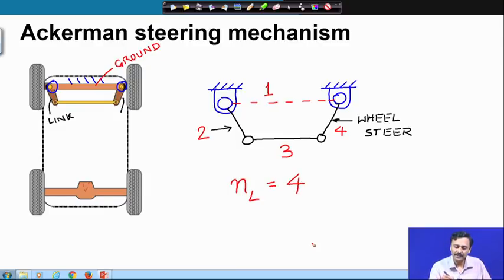and the kinematic pairs. So, this is one kinematic pair, this is one kinematic pair, this is one kinematic pair, this is one kinematic pair, and all of them, as you can see, are revolute pairs. We will write number of joints also as 4.